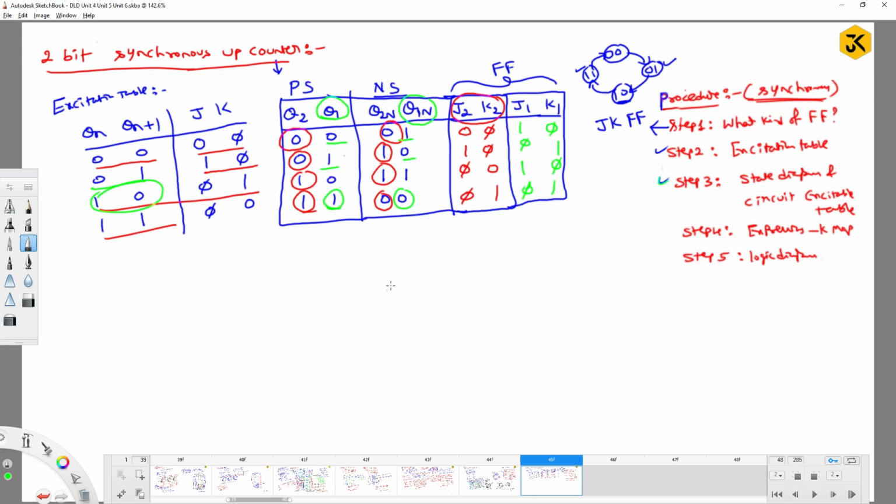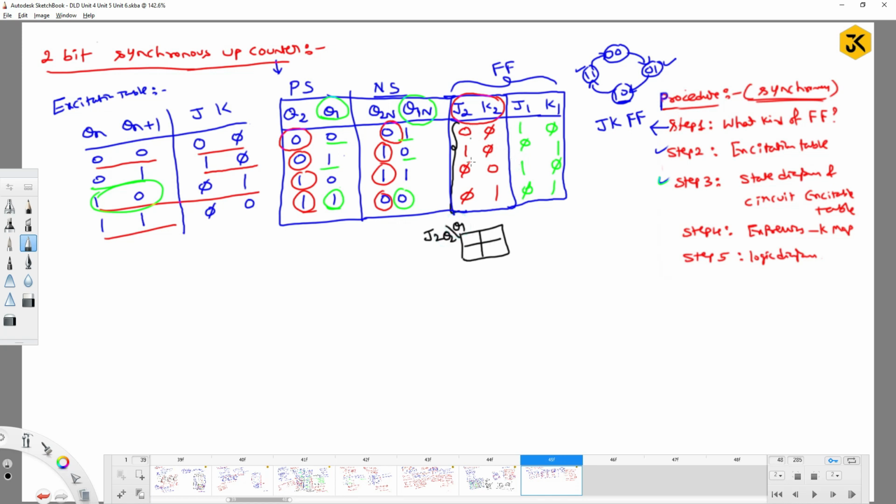Coming to step 4, you need to simplify the expressions for J1, K1, J2 and K2. If I try to simplify J2, I take Q2 and Q1 in this order.